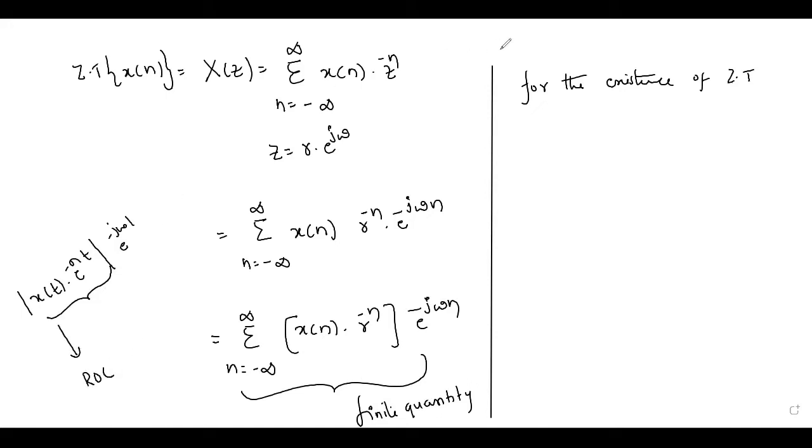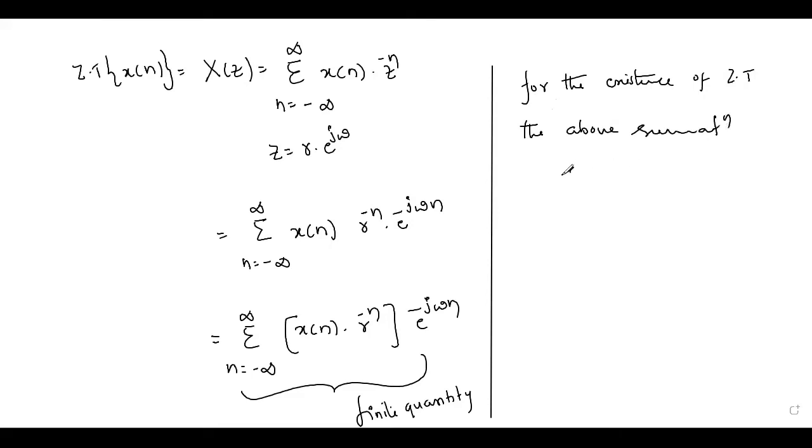In the same manner, here also, ROC is defined for the existence of Z transform. The condition here is that for the existence of Z transform, the above summation, continue, write down this, the above summation should be convergent, isn't it?